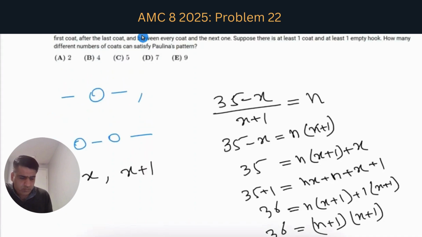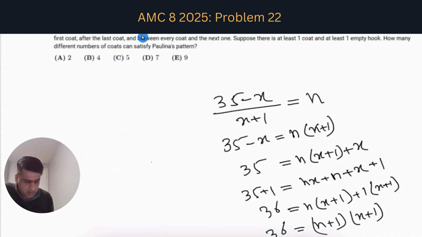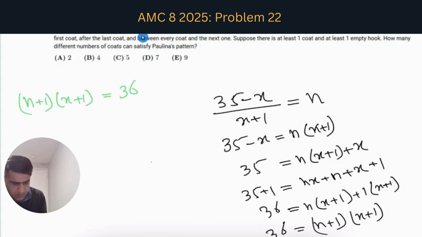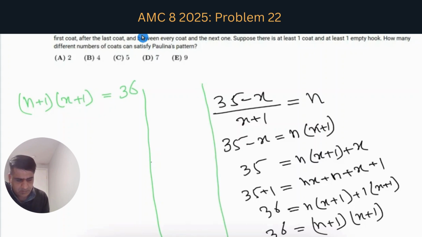So now in order to find how many different number of codes can satisfy this pattern, all I have to do is to make sure which integers will satisfy this relation. So the relation that I have, that is 36. So what I can do now, I can plug a number and see if that works or not.